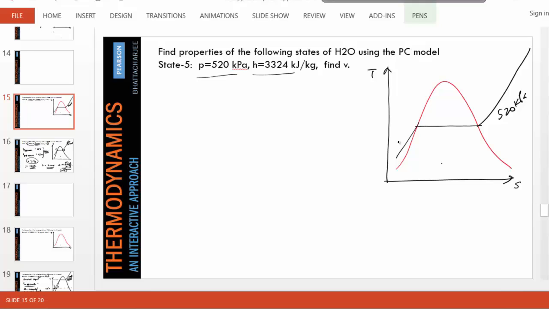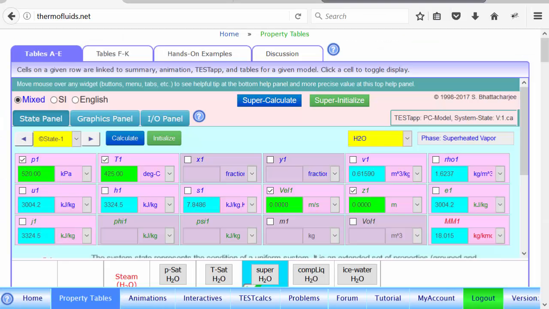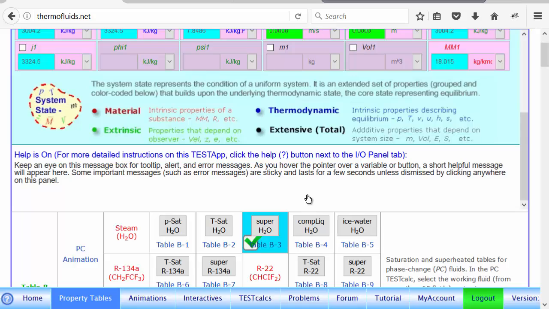We know the state will be somewhere on this line, but to figure out the composition of the state, we go after the HF, the saturation liquid enthalpy at 520 kPa, and Hg at 520 kPa. Again, we have been doing that a number of times, so just to show you how we do that, go to the property tables, which is already there.